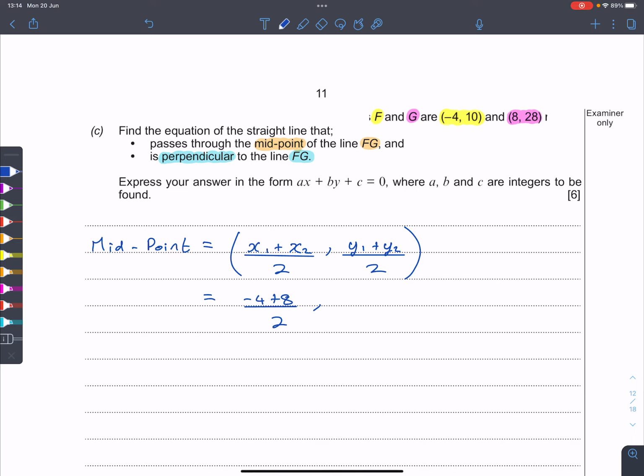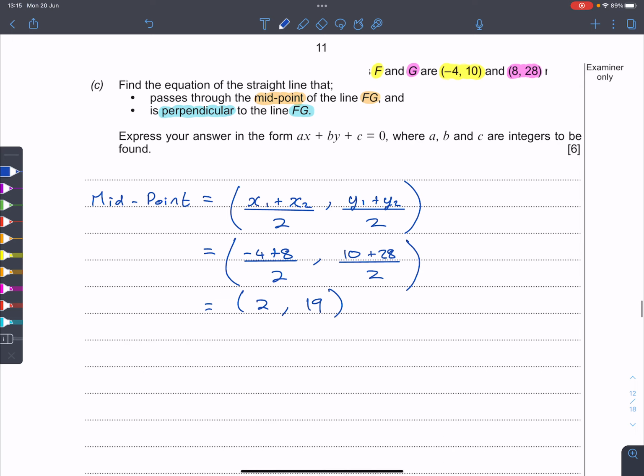And for my y's, I get 10 add 28 divided by 2. These are coordinates, so don't forget the coordinates. And this becomes -4 plus 8 is 4. 4 divided by 2 is 2. 10 plus 28 is 38, divided by 2 is 19. So I've got my midpoint is (2, 19).